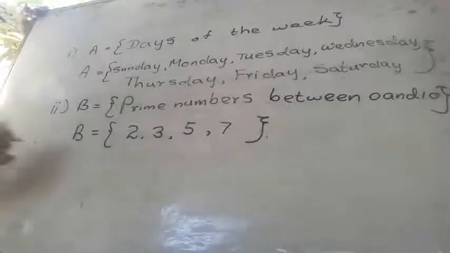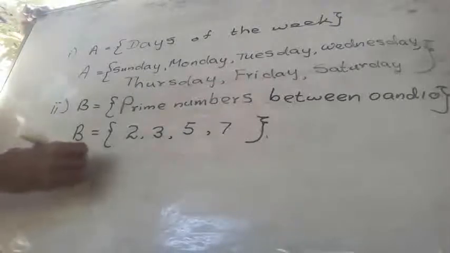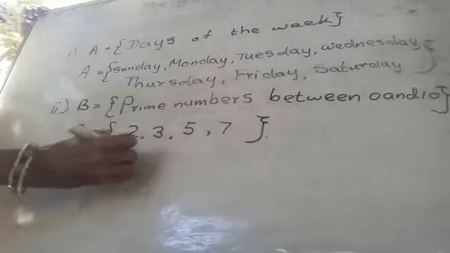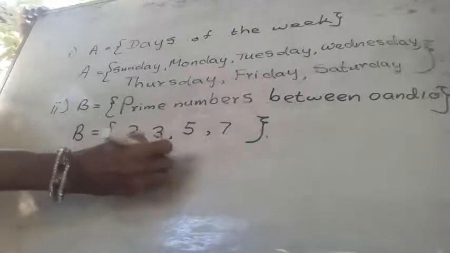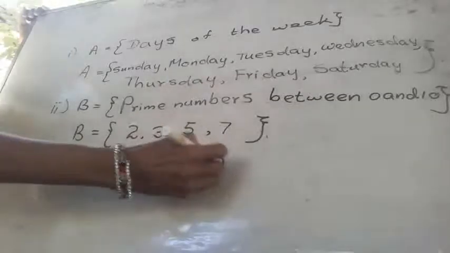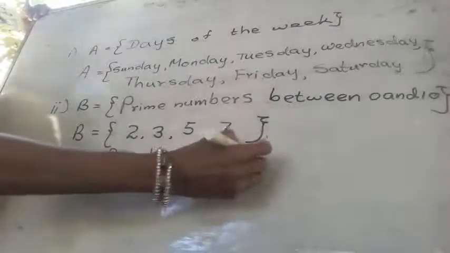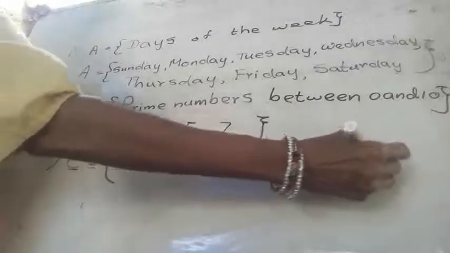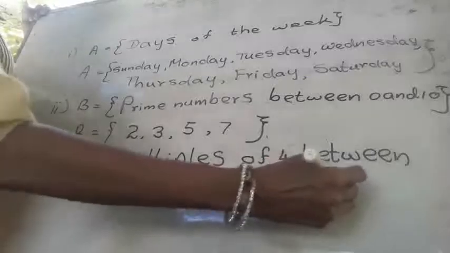Third one. The set C is multiples of 4 between 0 and 25.